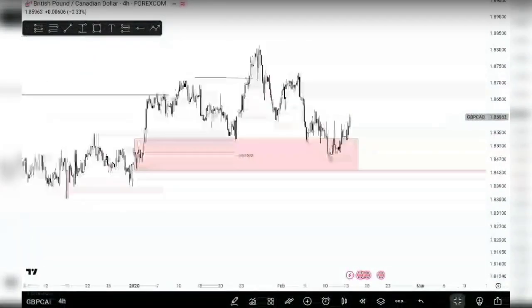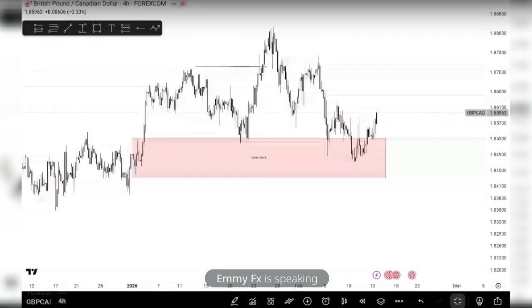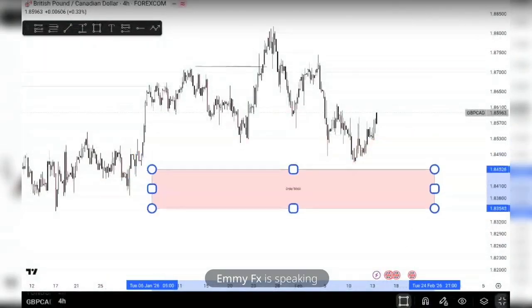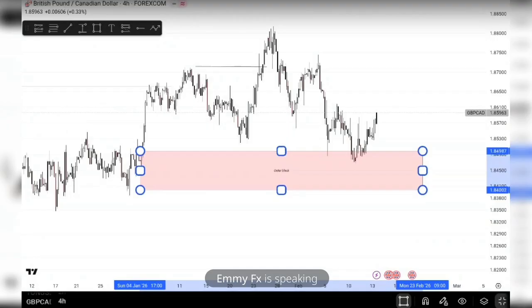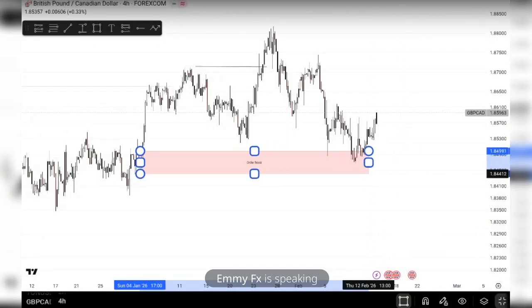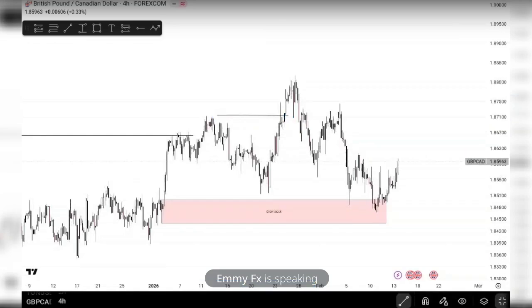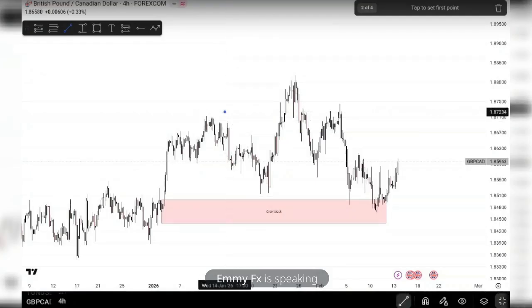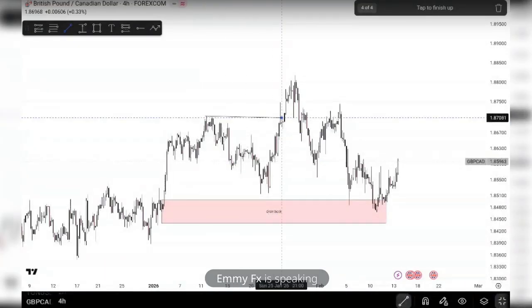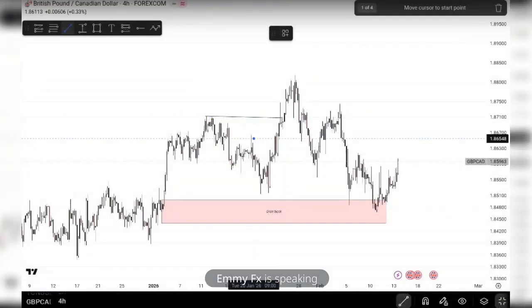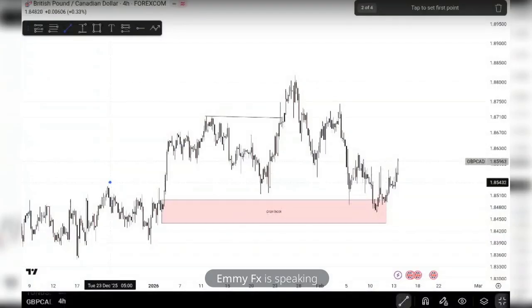All right, so right now price reacted from this order block which is here. So price reacted from that order block, but we can see we have a break of structure to the upside. We also have this break of structure to the upside.